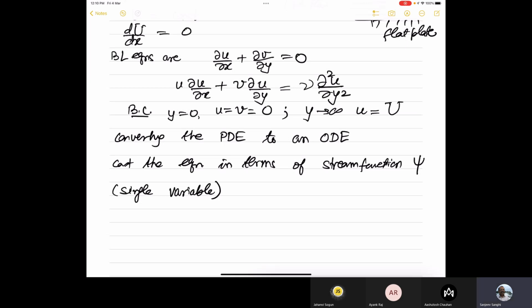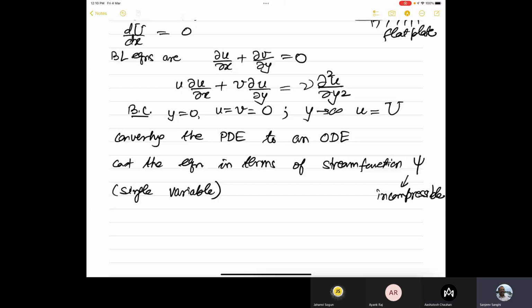What is the condition for existence of a stream function? This will be because the flow is incompressible.